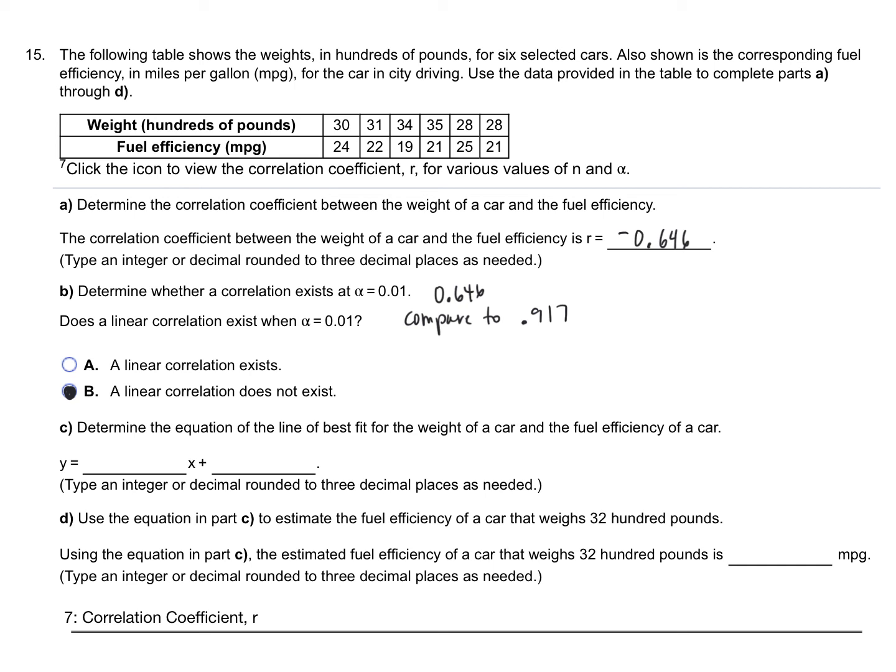Part C, determine the equation of the line of best fit. Okay, so again, it does it for you on the linear regression calculator. So for the first part, the part before X, that's going to be negative, and it says round to 3 decimal places.